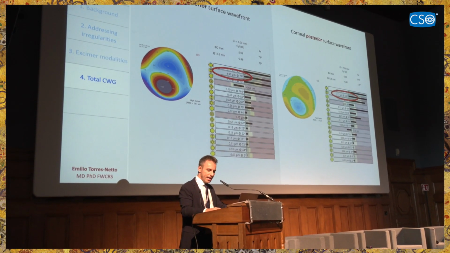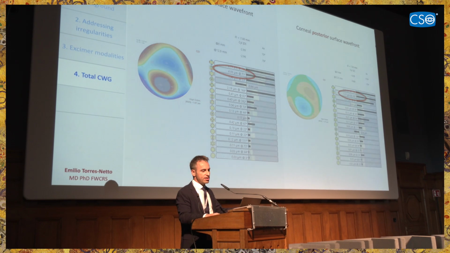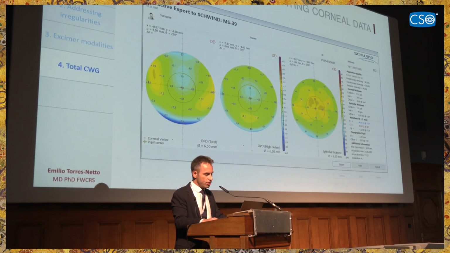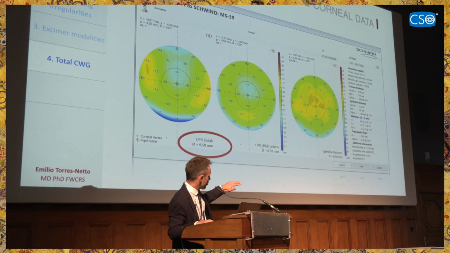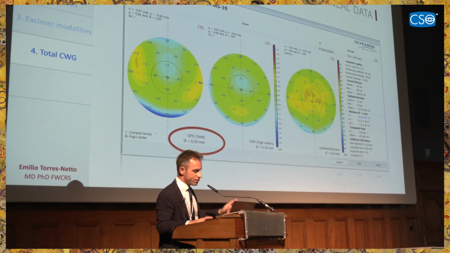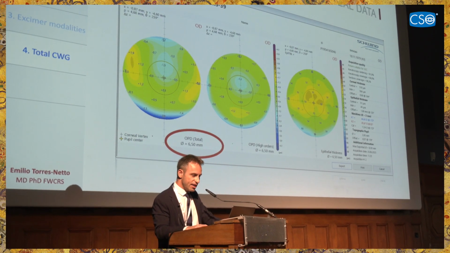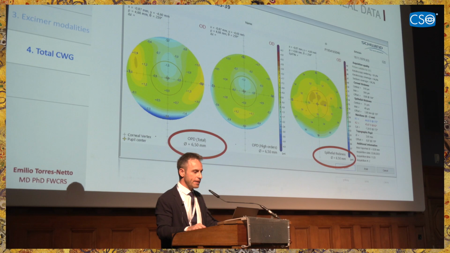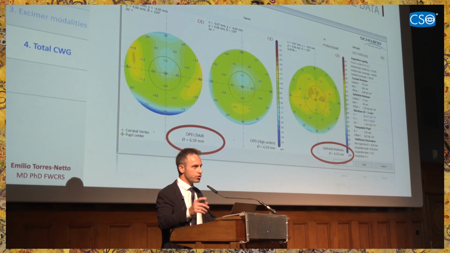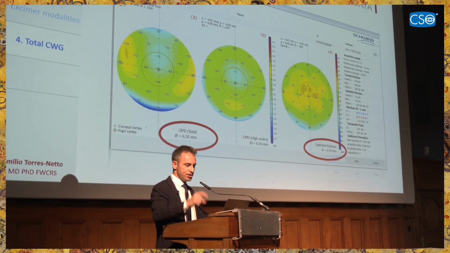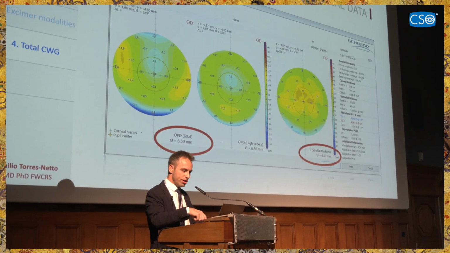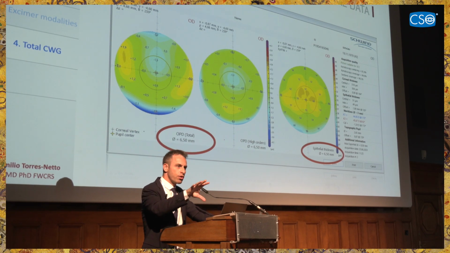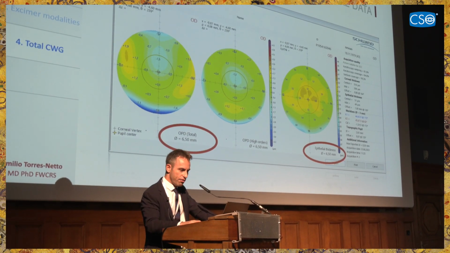So when we export the data now from the MS39 to the Schwind platform, what we see is that not only is all the aberration information, the OPD, transferred, but also, very nice, we now have the epithelial thickness exported as well. So it goes automatically to the laser, not only the OPD, but also the epithelial thickness of this specific patient. So the central and the peripheral epithelial thickness.